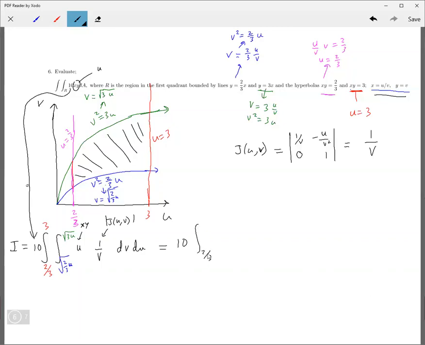So we still have that. And integrate with respect to v, you're going to get the log of v, right? And that's going to go from v equals the square root of 2/3 u up to the square root of 3u, du.